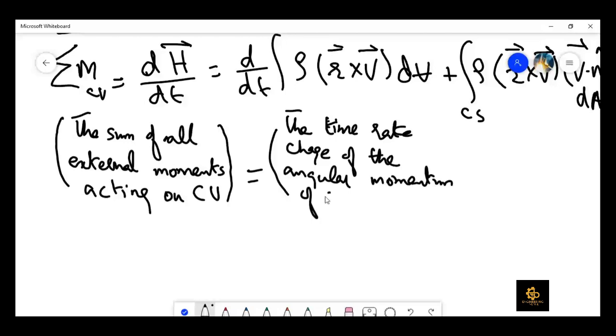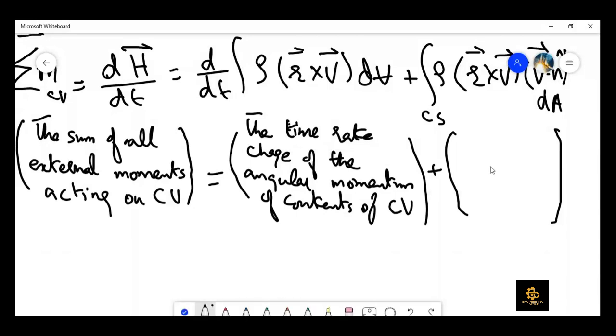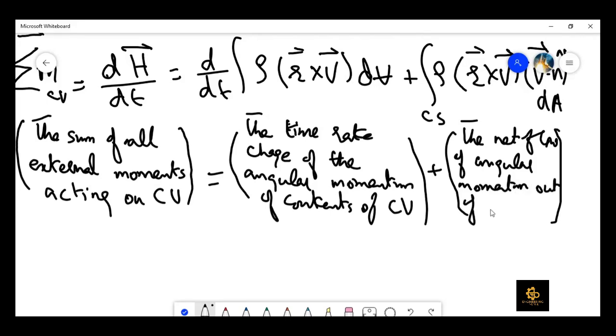And then the second term here is the net flow of angular momentum out of the control volume. Now, this first term, for the steady flow, would be equal to zero.